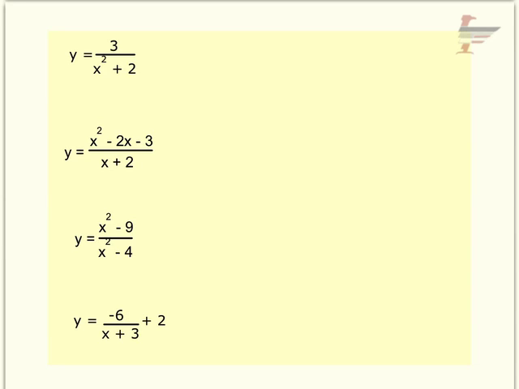So really quickly, and I'm not going to actually graph these, take a look at the first one. The first thing you want to identify is the degree on top is 0, and the degree on the bottom is 2, because it's a quadratic, so the degree on top is less than that of the bottom. If you solve your numerator, there's nothing to solve, so I have no x-intercepts.